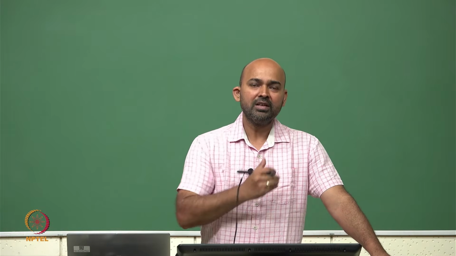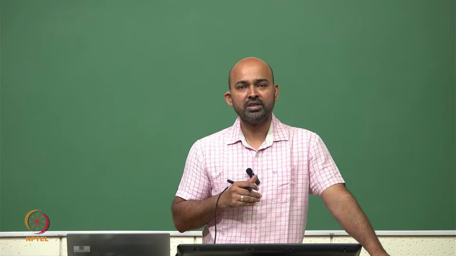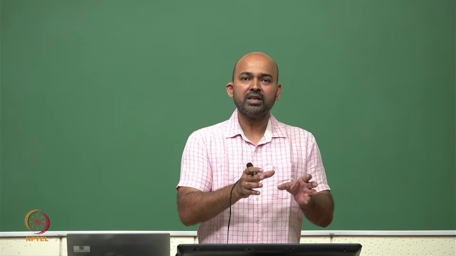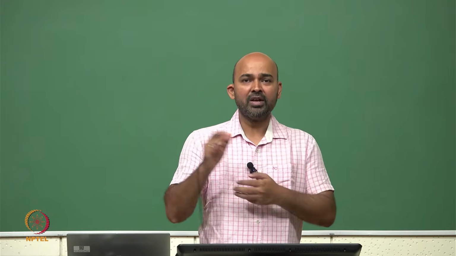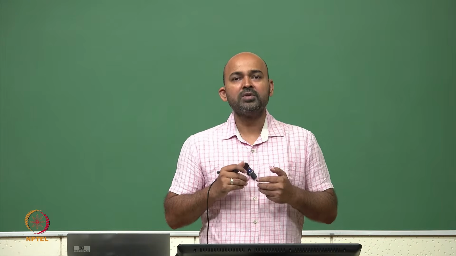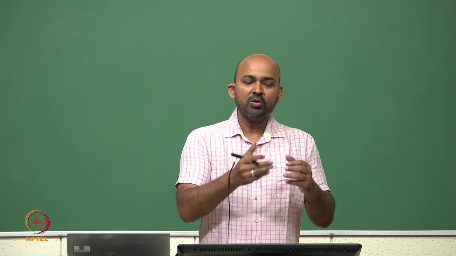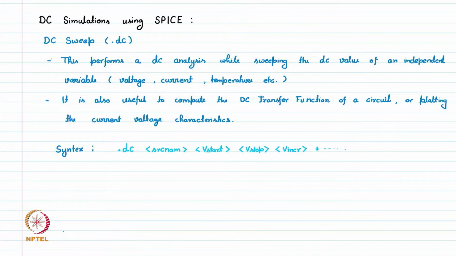For example, temperature is a variable often used for DC sweep. We want to see how our circuit behaves when the temperature goes from very low to a very high value. We want to evaluate the functionality of the circuit for different temperatures, so that we know how that circuit is going to behave and we can choose or use it accordingly.